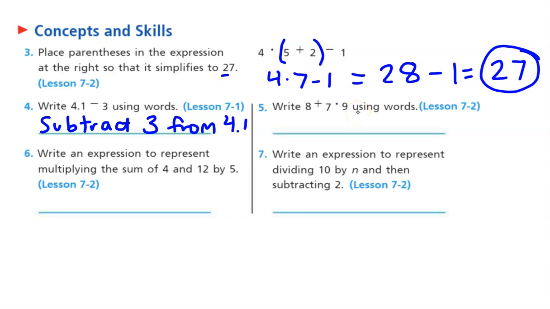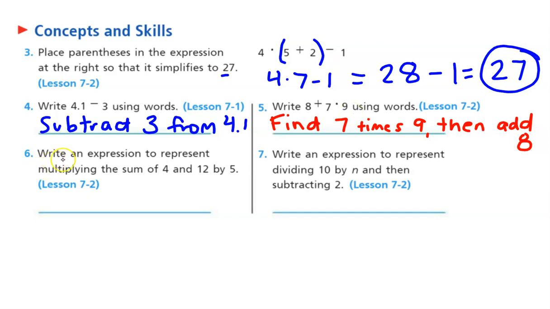Well, this is where you have to be careful because you know that you have to do 7 times 9 first. So you could maybe say something like, find 7 times 9, then add 8, something like that would show me my order of operations. You could also do something like find the product of 7 and 9 plus 8 or something like that.